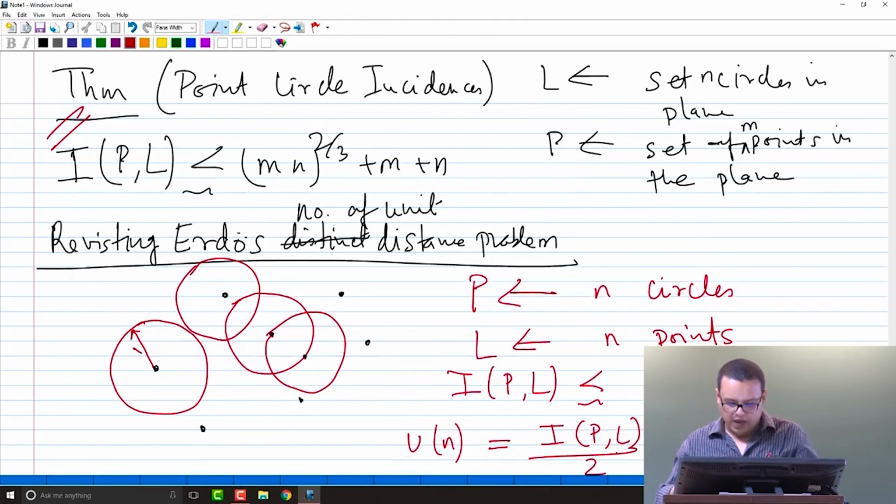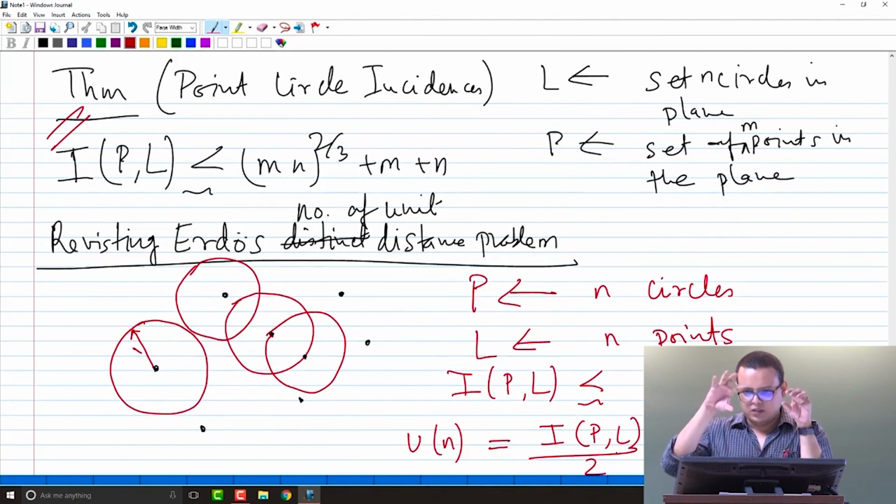So, let us say you have 2 points, and the distance between them is 1. This is point 1, this is point 2. The circle centered at 2 will have point 1 on the boundary. The circle centered at 1 will have point 2 on the boundary, right. So, a pair of points whose distance between them is 1 will contribute 2 incidences to this I of PL, right.